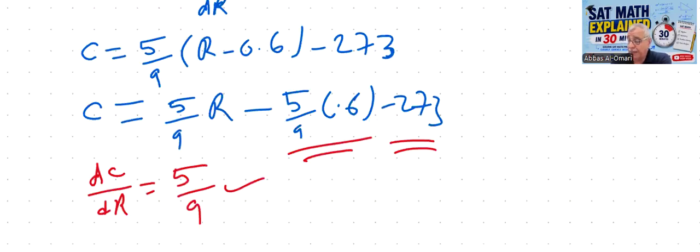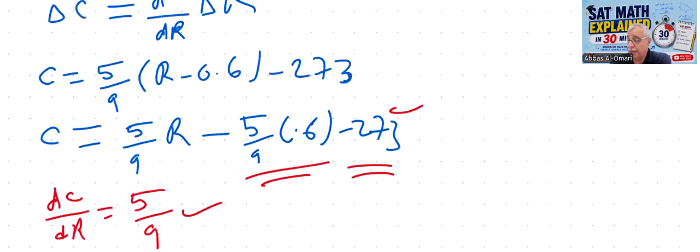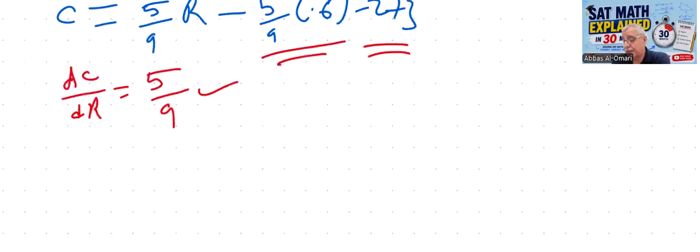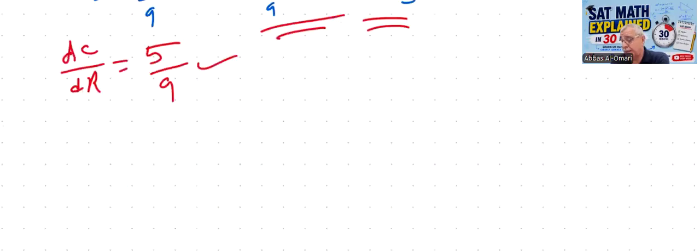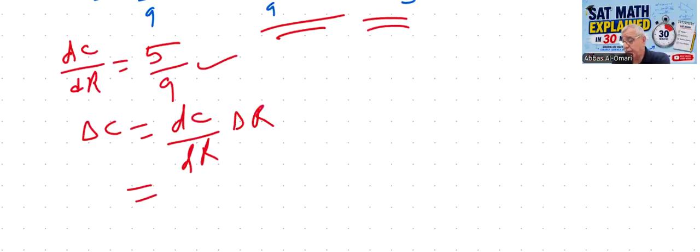So delta C, change in temperature in Celsius, equals dC by dR by delta R. So delta C equals 5/9, this is dC by dR, by the change in Rankine, which is 8.82 degrees Rankine.